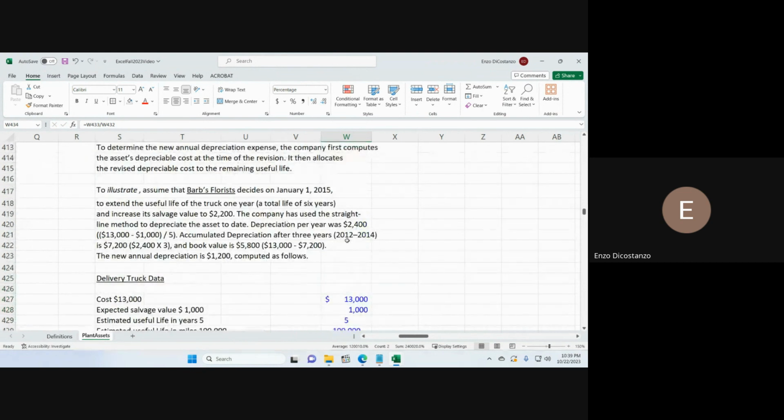And what happens is there's two changes. Instead of 5 years, the useful life is going to be 6 years, and the salvage value increases by about 120%, or 1.2 times, to 2,200. I think this all happens after the third year.